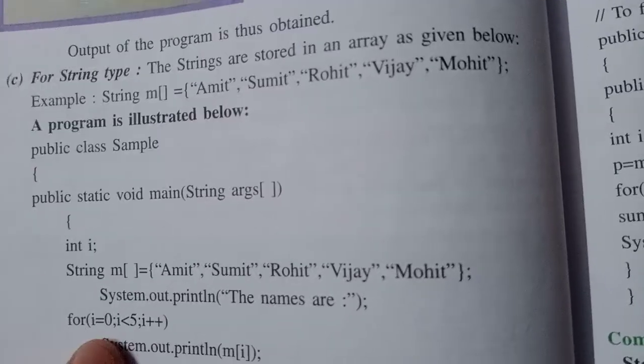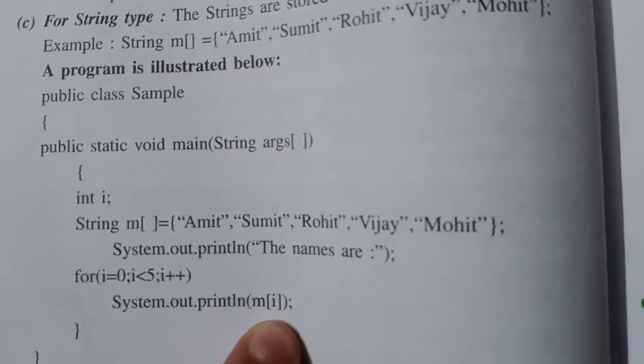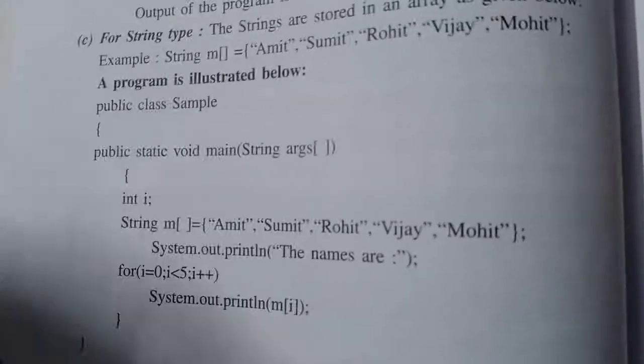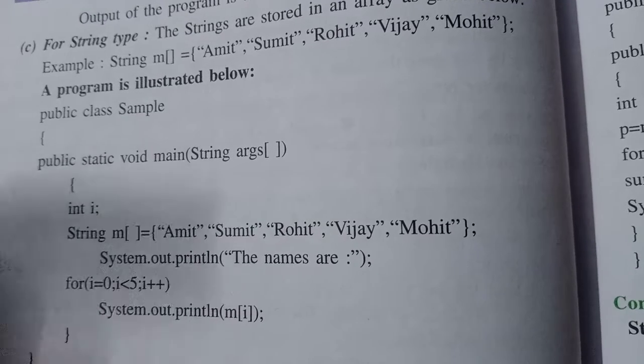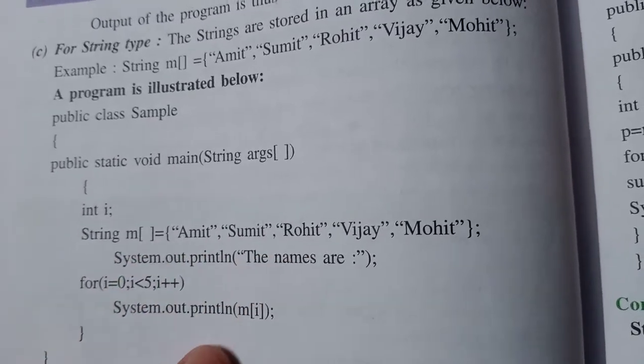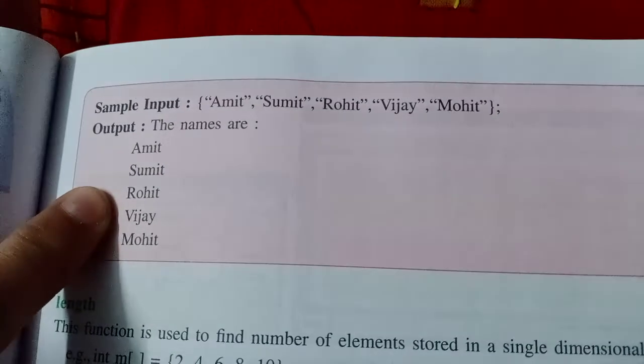So for loop will work from 0 to less than 5 and print the values with the m i. As I will change its value, same way its value of string will also go next to next and display. Here sample output is shown.